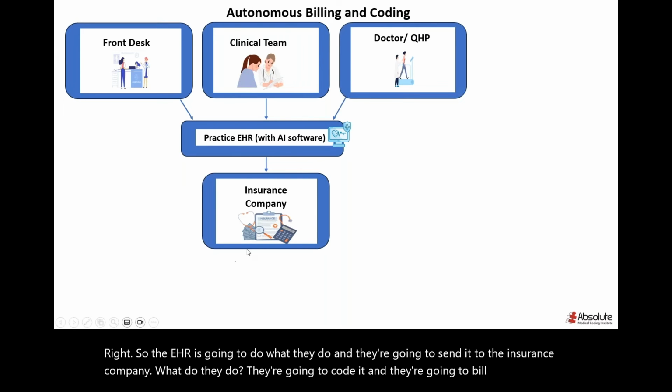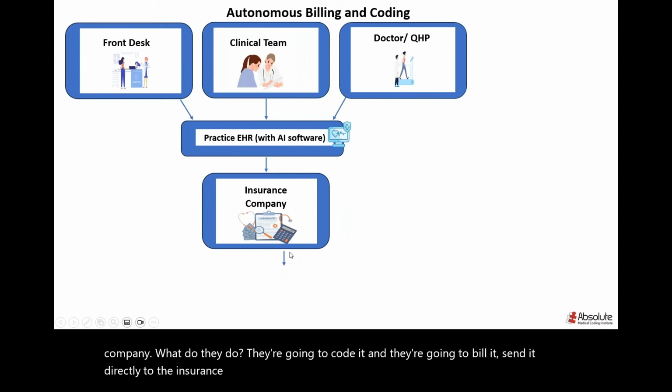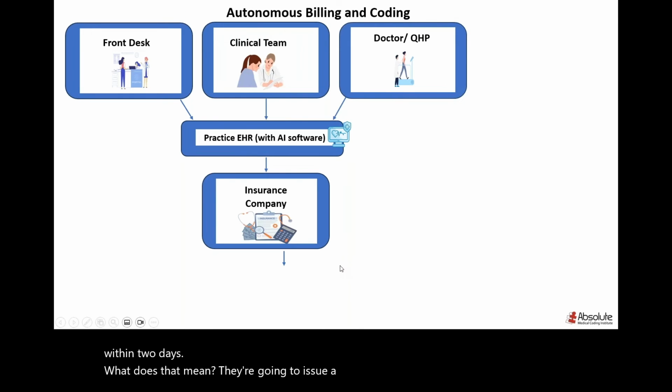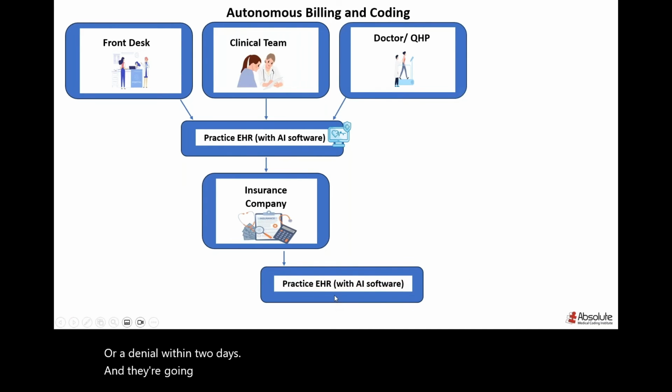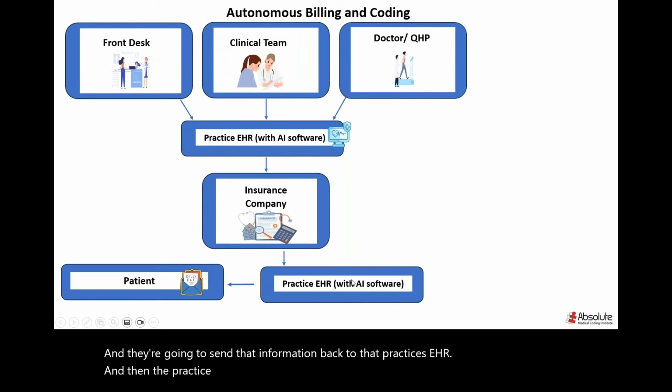Send it directly to the insurance company, and the insurance company is going to turn that around within 2 days. What does that mean? They're going to issue a payment or a denial within 2 days. And they're going to send that information back to that practice's EHR. And then the practice will send the patient a bill if anything is due.